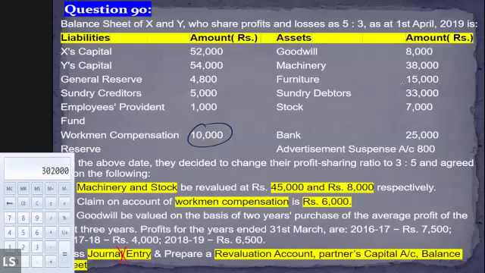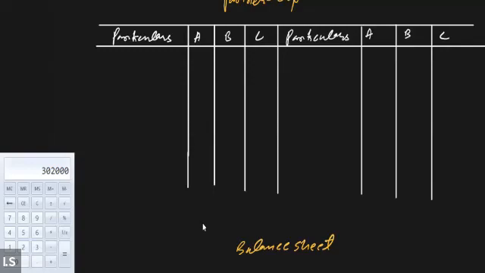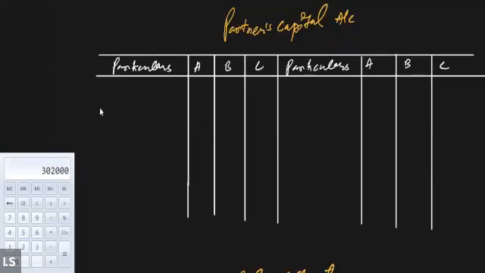So the workman compensation reserve will be indicated in the partners capital account. We'll go to the partners capital account, and the remaining 4,000 will be distributed to both X and Y. The remaining amount will be 4,000, and the ratio is 5 is to 3.